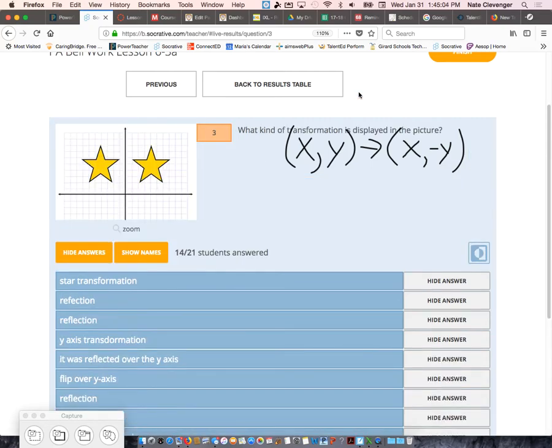Then the next one, what kind of transformation is this? It's a reflection over the y-axis. But, for Miss Carolyn, could this have been a rotation? Very possibly.